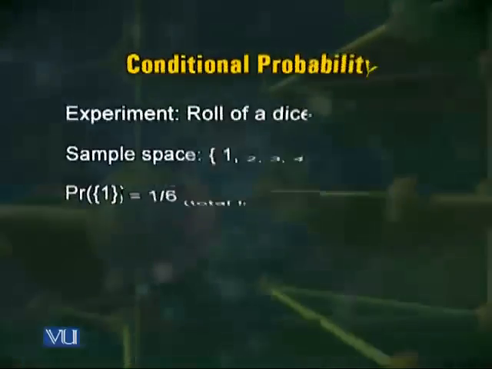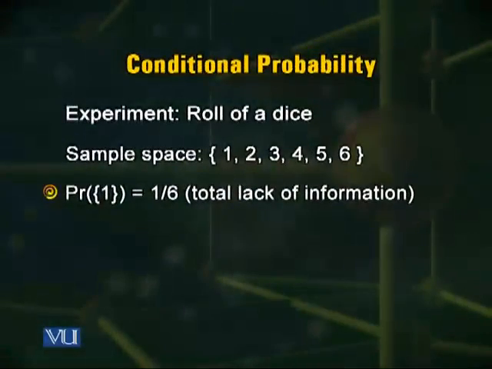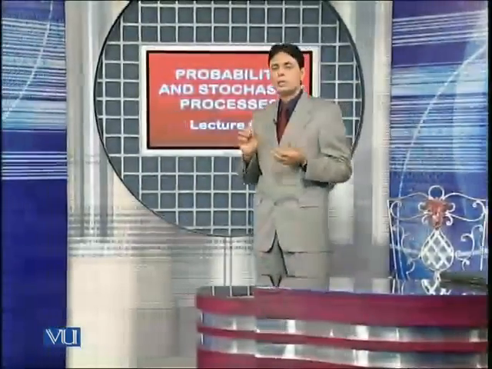To you, the outcome is completely random. You cannot have preference of one outcome over the other. So to you, all 6 possible outcomes are equally likely with the probability of 1 over 6. But your friend knows what the outcome of this roll is. He knows how many dots are on the top surface.